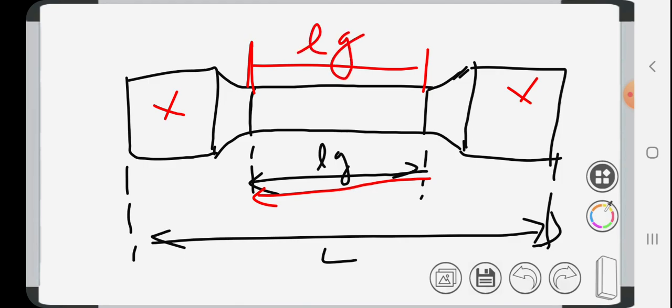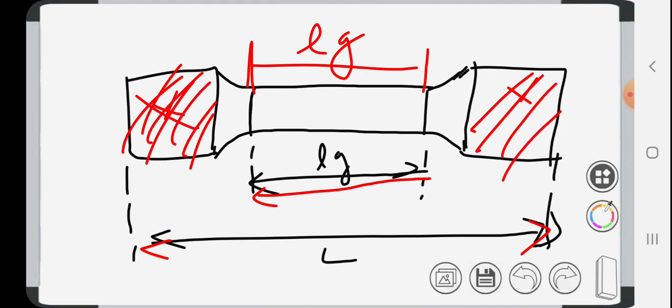Even though the total length is L, the whole part is not used for studying the mechanical properties. These end parts are used to fix the specimen in the machine. Here only we are studying the mechanical properties, the change in length, stress or strain. Everything is studied here only.